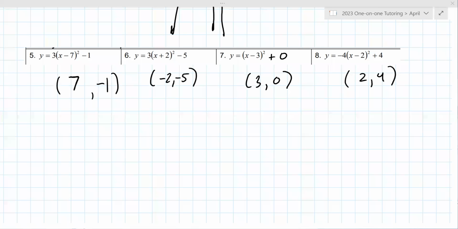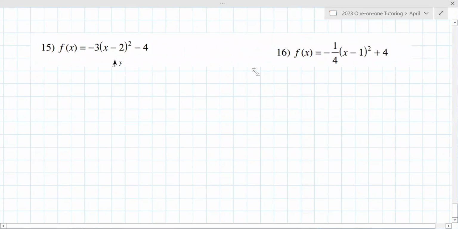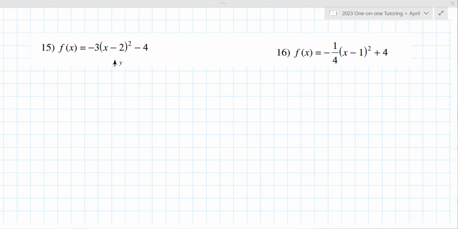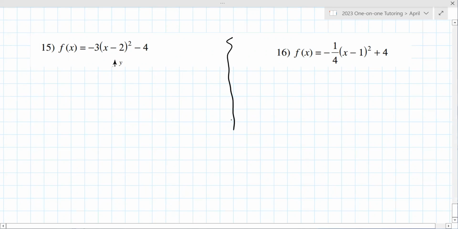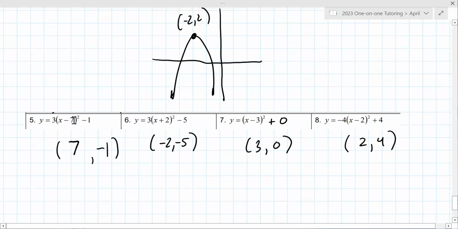Okay. All right, we're going to clear the screen here. Okay, what do you see here for vertex? All right. So it's going to be -4, 2. Let's go back and look. The order matters.